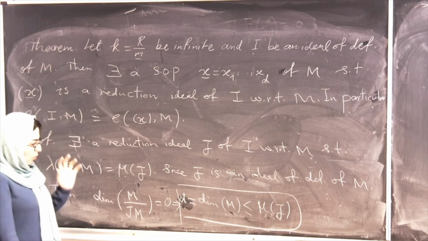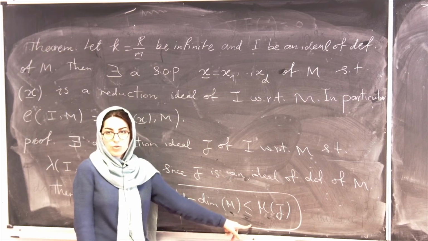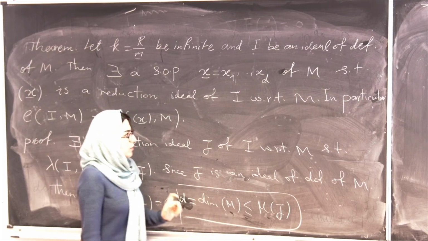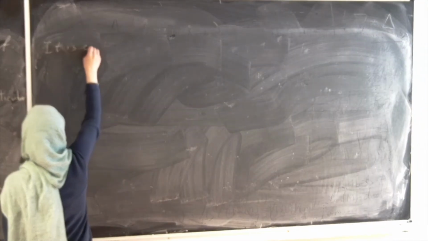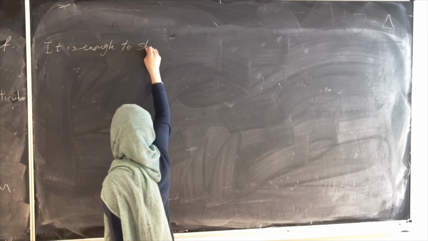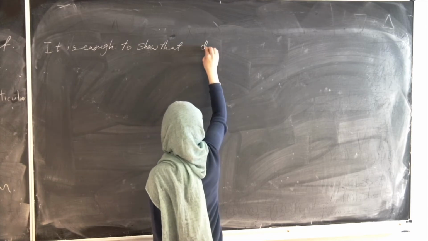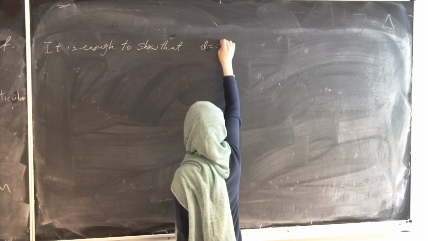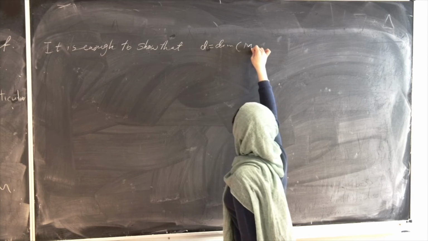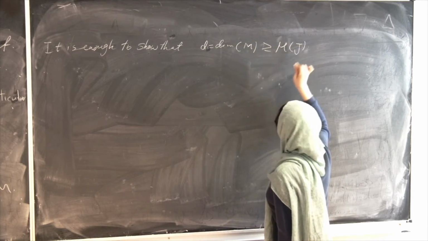My goal now is to show that the other side of this inequality is also true. So it is enough to show that d, equal to the dimension of M, is bigger than or equal to mu of J.